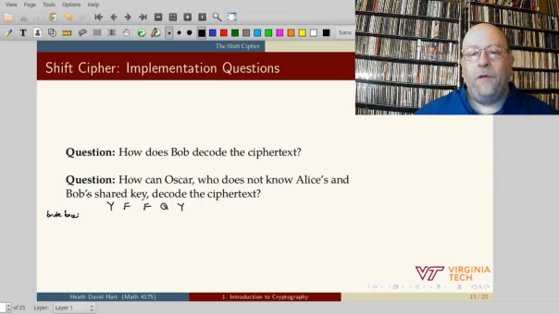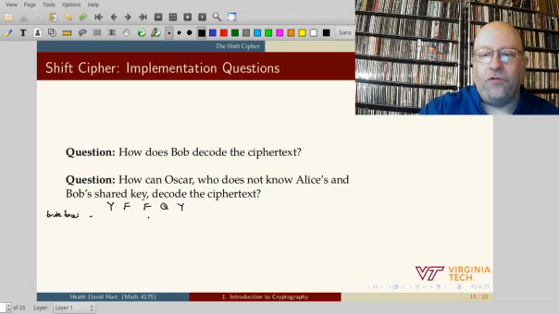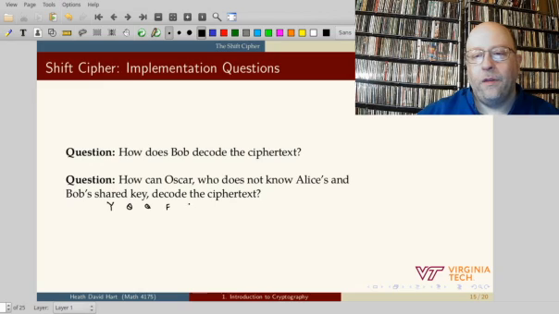If we shift back by 1, Y becomes X, F becomes E. No, I have the original message wrong here. It wasn't YFFQY, it was YQQFY. There we go. If we go back by 1, we get X, P, P, E, X.